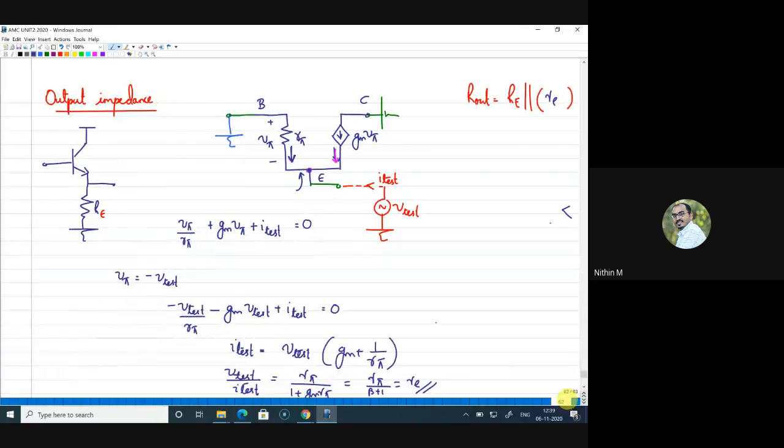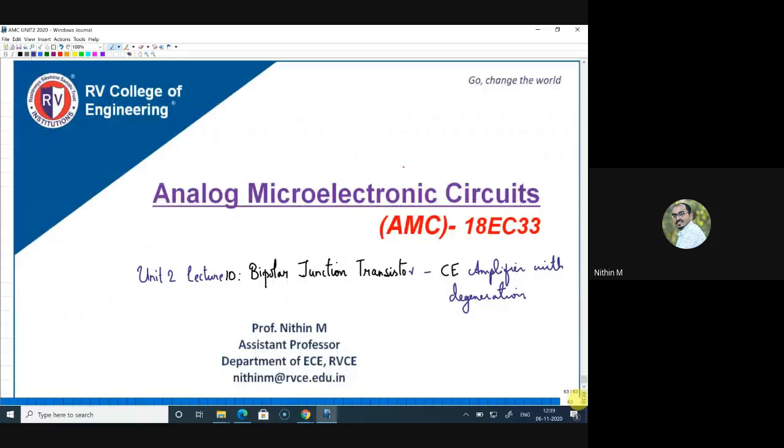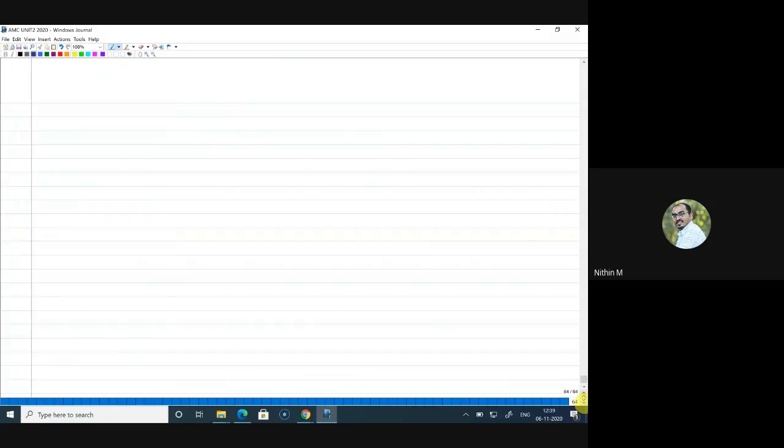Before discussing the other configuration, common emitter with degeneration, let us start with a very simple numerical where you can apply the concepts we learned in the previous class.